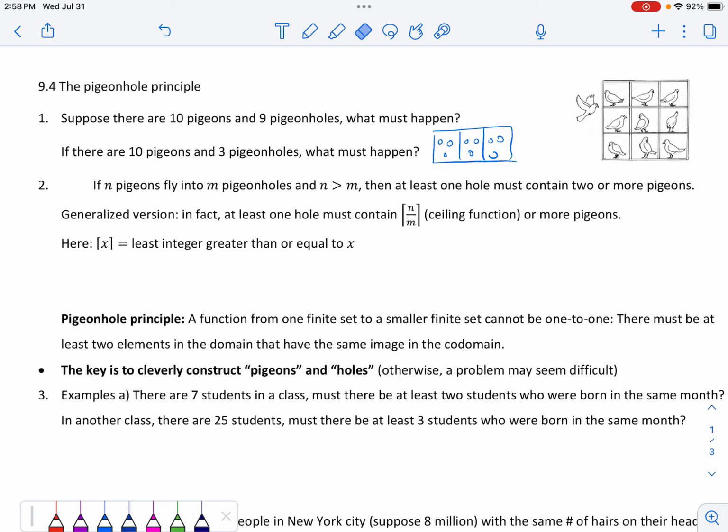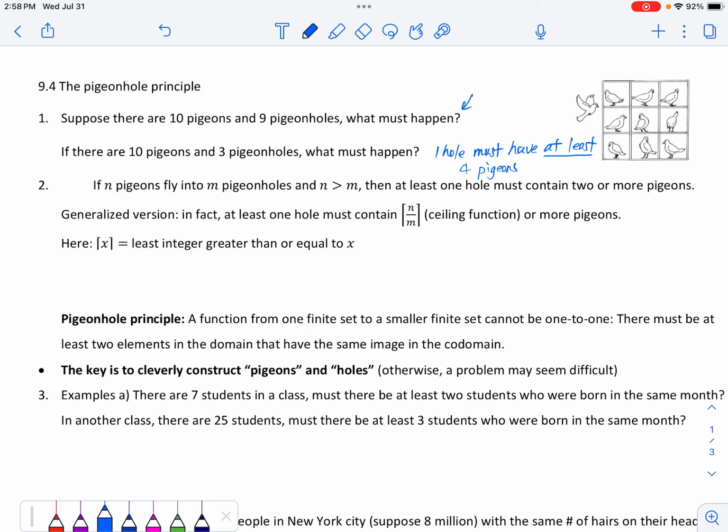That means one hole must have 4 pigeons. I'm gonna write one hole must have at least, I'm sorry, not just 4, at least 4 pigeons.